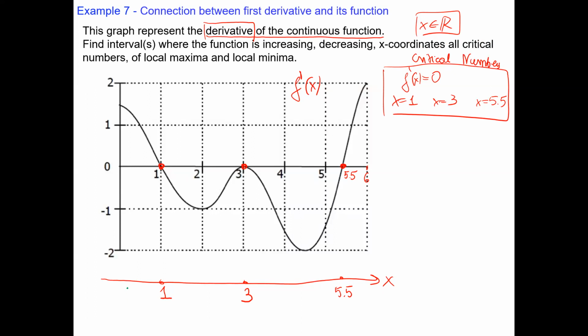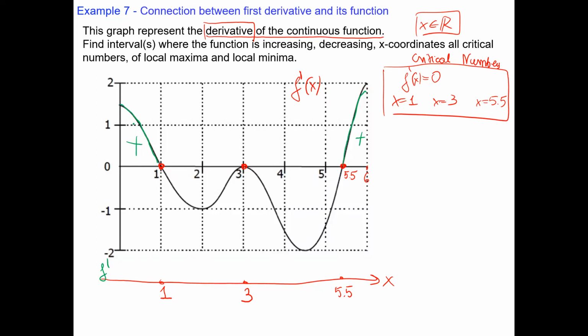Now, let's test the sign of this derivative, because of increasing and decreasing. If the graph is above the x-axis, the derivative is positive. That means the graph is above. I'm not looking at whether the derivative is increasing or decreasing.